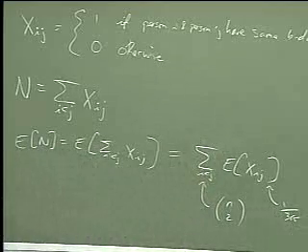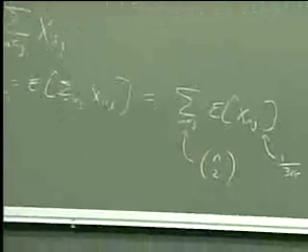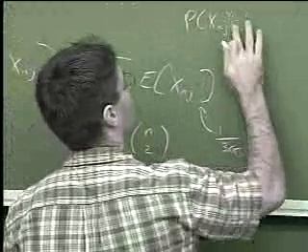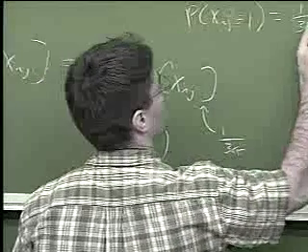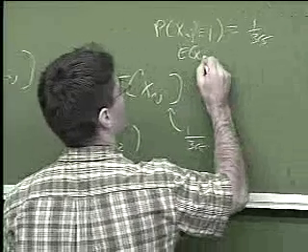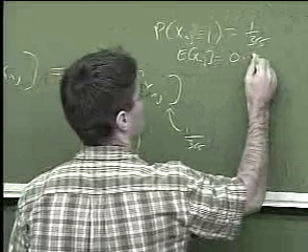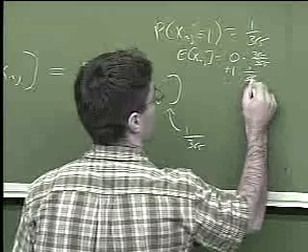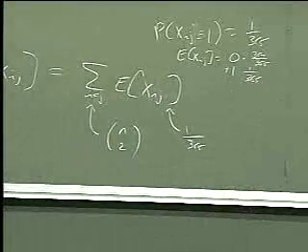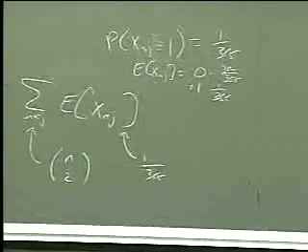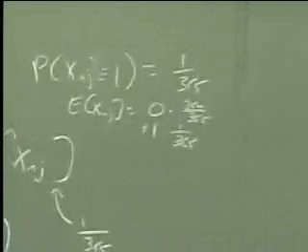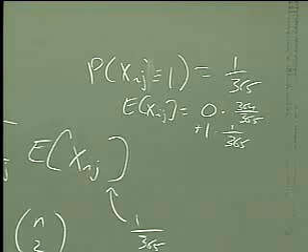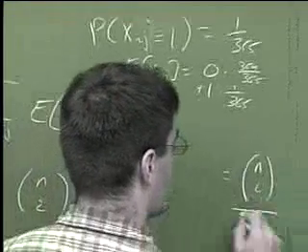Sorry, so the probability that x_ij equals 1 is 1 over 365. And so E of x_ij is going to be 0 times 364 over 365 plus 1 times 1 over 365, by the definition of expectation. It's an indicator random variable. It takes on value 1 or 0, 1 with probability 1 over 365. So you're done. The answer is just n choose 2 over 365.